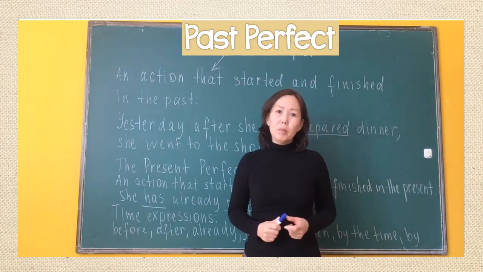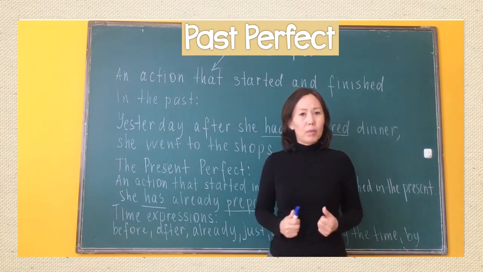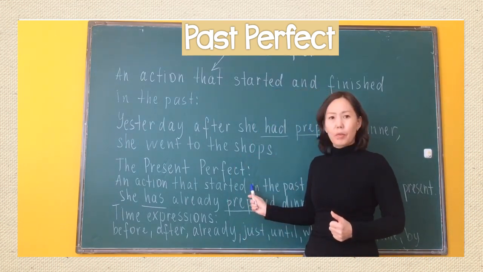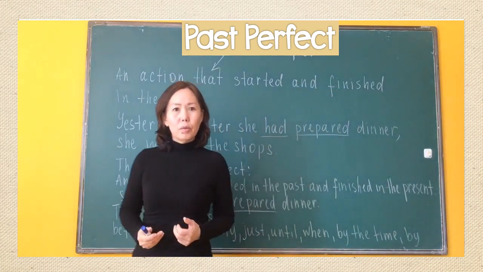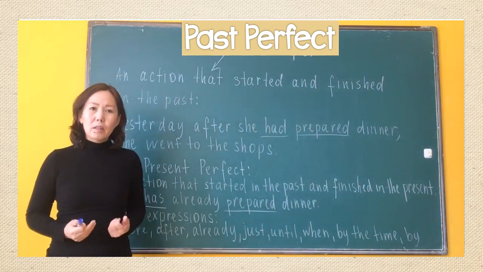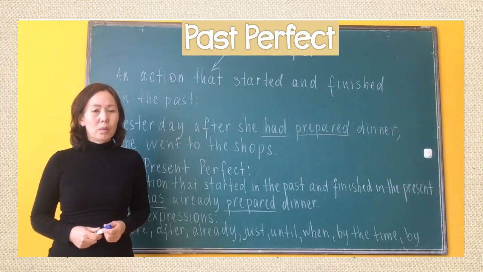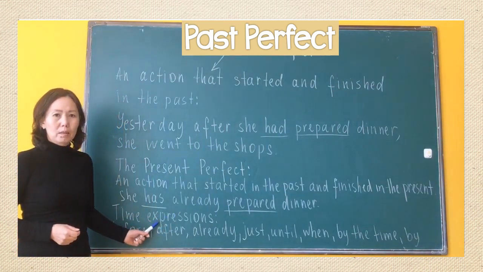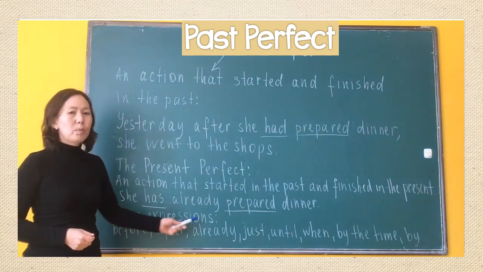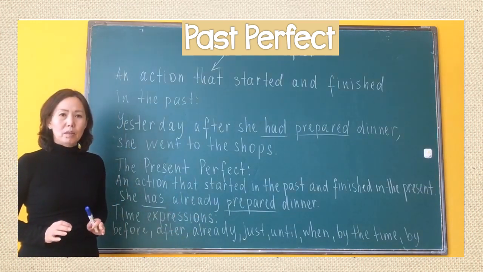We can use the past perfect tense as the past equivalent of the present perfect tense. You remember that the present perfect tense is used for an action that started in the past and finished in the present. For example, she has already prepared dinner. This action, has prepared, finished in the present.